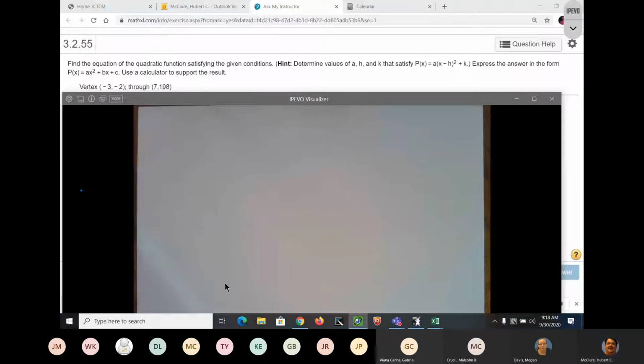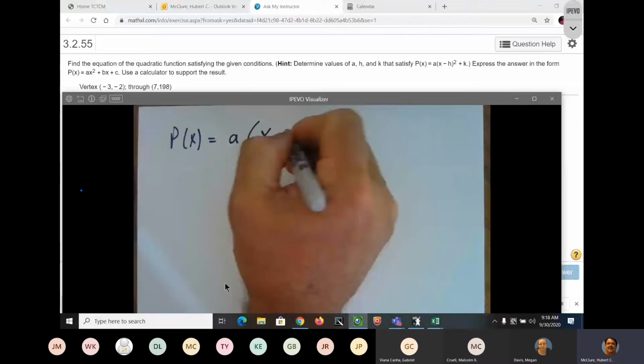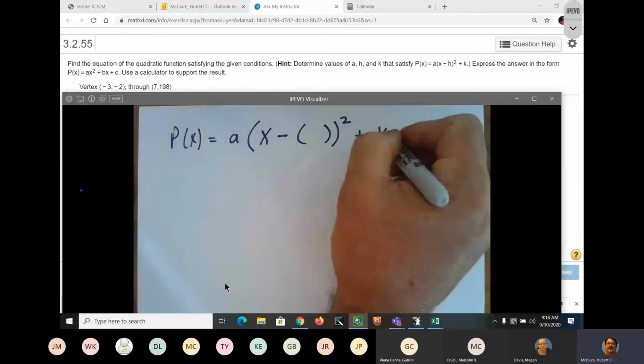And here we go. So first of all, P of X is equal to A times (X minus h) squared plus K. And they give us the vertex, -3, -2. So we're going to plug that in.